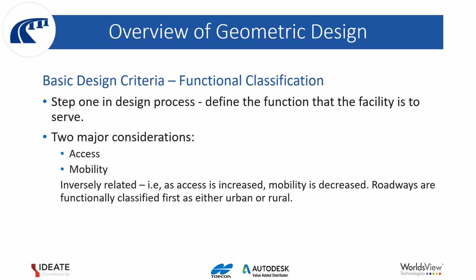mobility. When we talk about access and mobility, it is in terms of how accessible it should be to the surrounding or adjacent roads which link up to it, and how easy it will be for an individual or a vehicle user to move from one point to another.